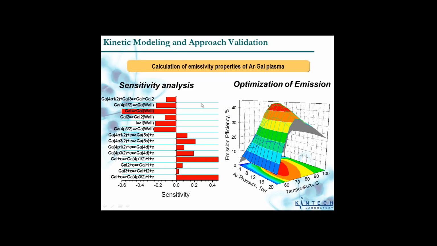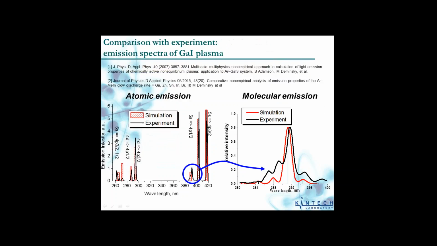This sensitivity analysis may permit us, for example, to strongly simplify the kinetic mechanism by selecting only important processes. And finally, there is a comparison between the atomic emission and molecular emission spectrum, and a comparison with the experimental results published in these noted papers.